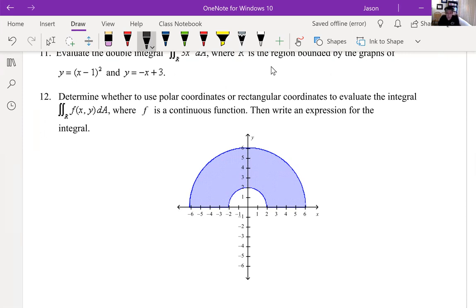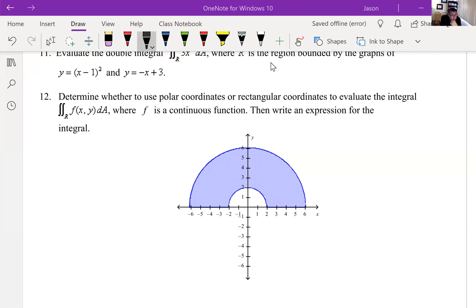How do we know we're not given it in polar coordinates? I could even tell from the graph. Look at that, it's an XY graph, right? So I could extrapolate some polar coordinates from this XY graph, but we're not just given them.